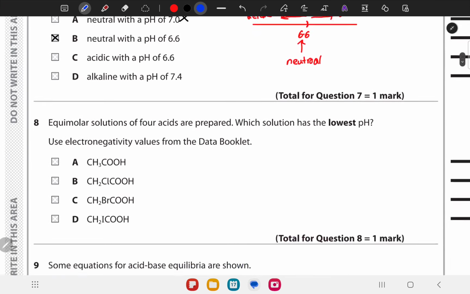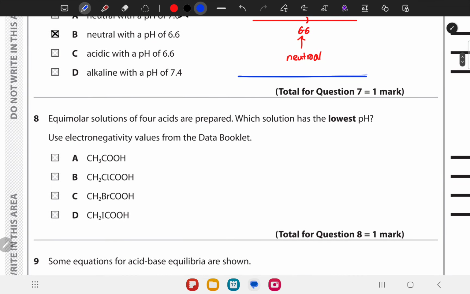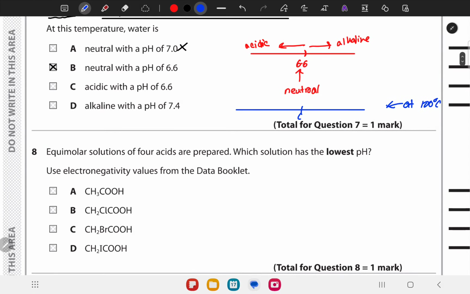If we increase the temperature more, so at 100 degrees Celsius, it would be around 6, so 6 would be the neutral value. On the left we'll have acidic, on the right we'll have alkaline.